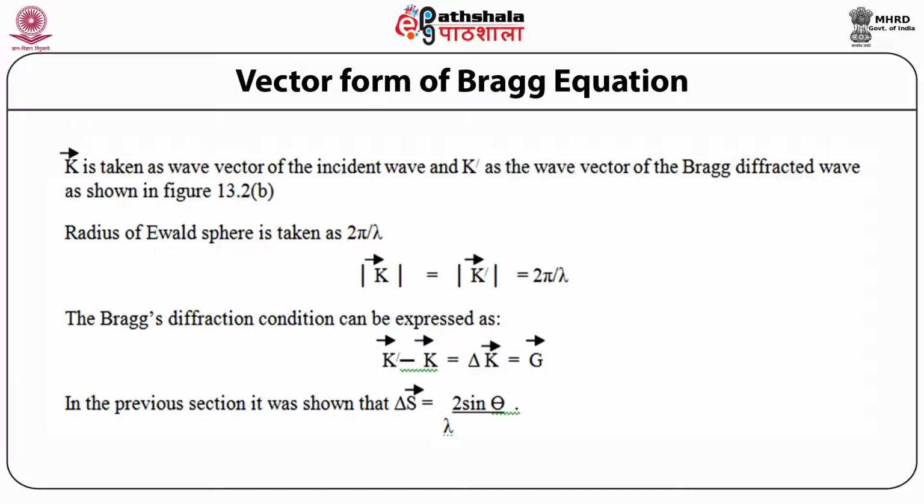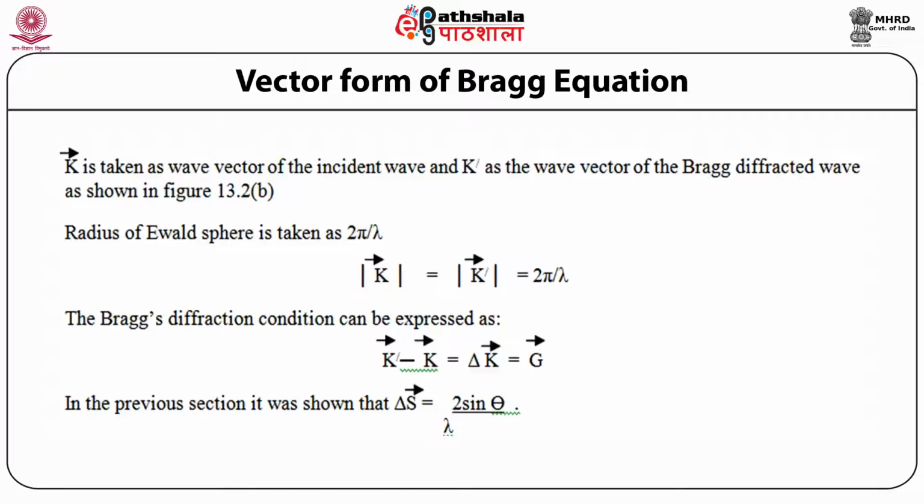Radius of Ewald sphere is taken as twice pi by lambda. Modulus of K vector is equal to modulus of K prime vector is equal to twice pi by lambda. The Bragg diffraction condition can be expressed as K prime vector minus K vector is equal to delta K vector is equal to capital G vector.